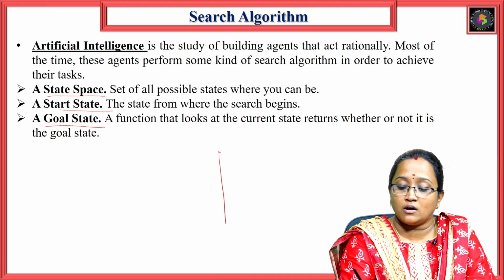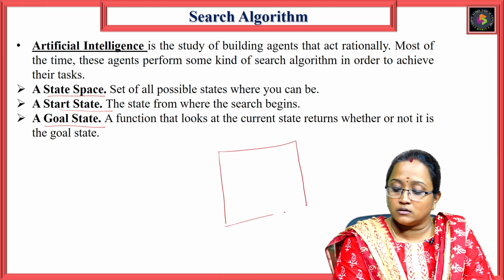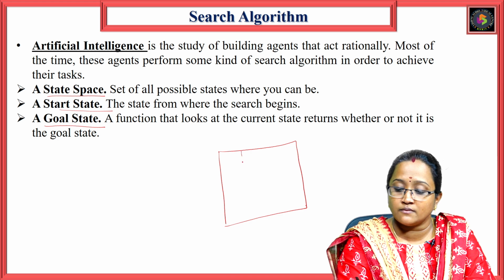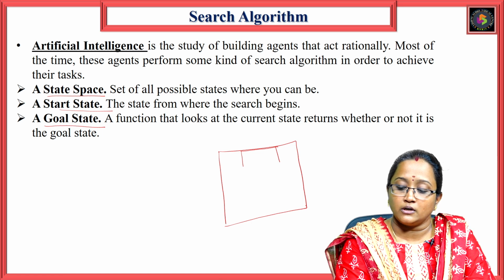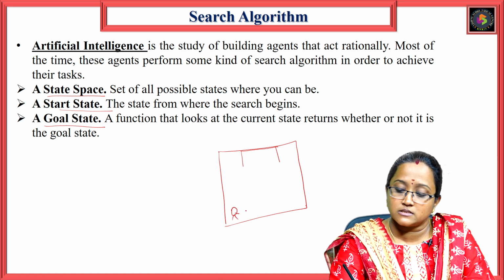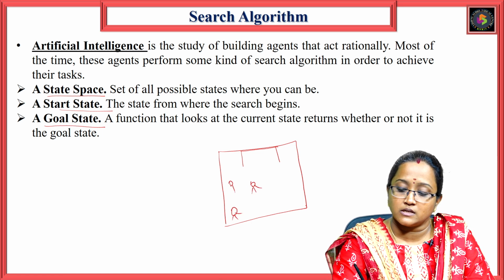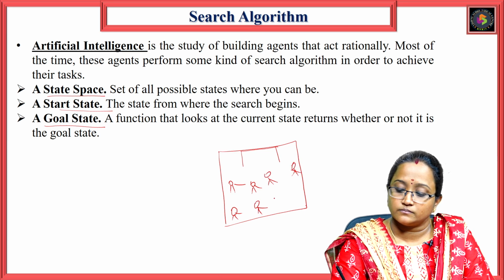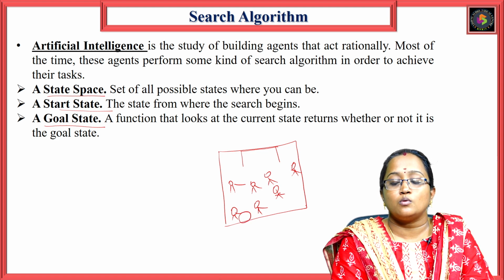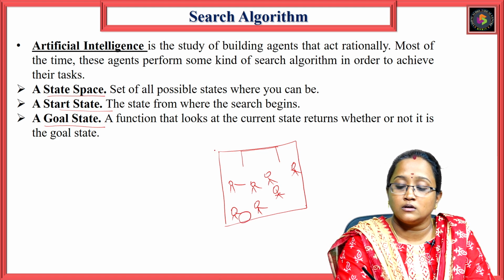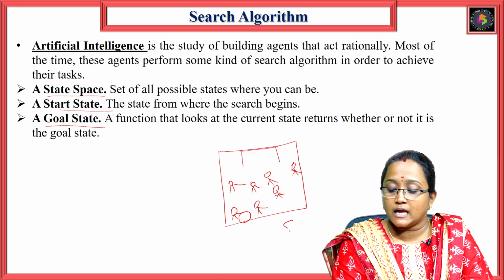Suppose you are in a football ground, and this is our goal post. These are all the players, for example, and here we have the ball. This whole ground is said to be the state space.